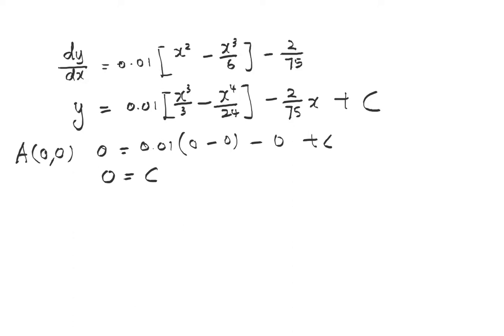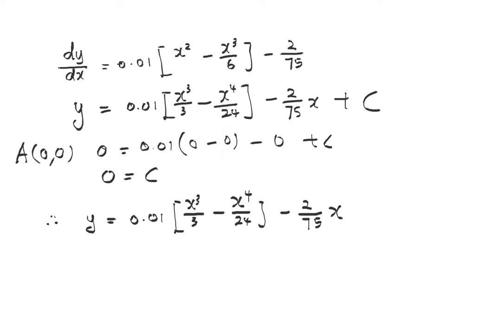So now my equation will be y equal to 0.01 times x cubed over 3 minus x to the power of 4 over 24 minus 2 over 75x. So if you got the equation already, then you can answer the rest.